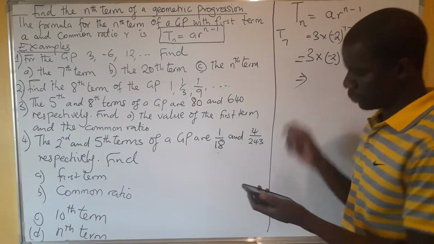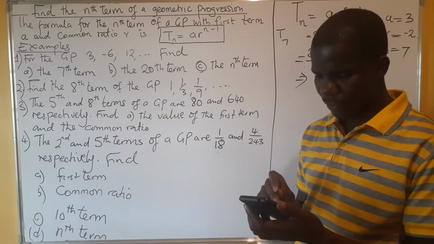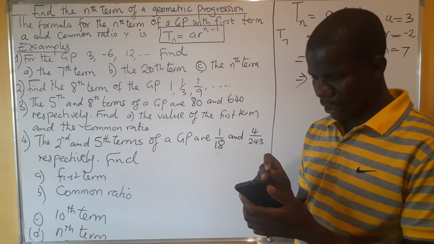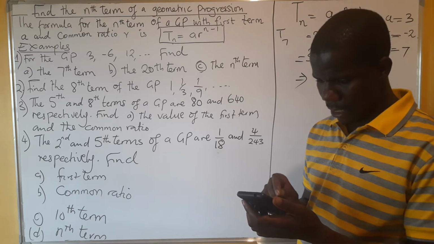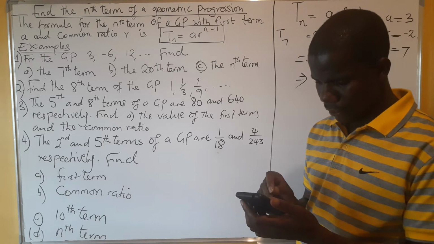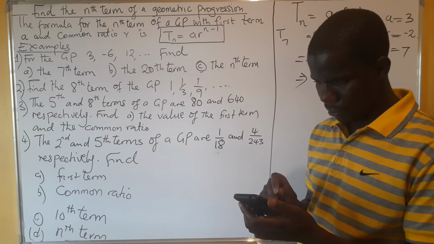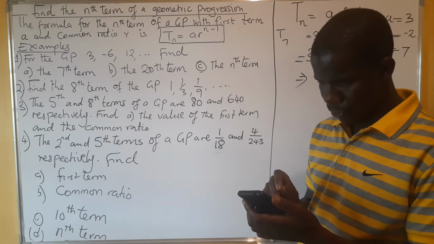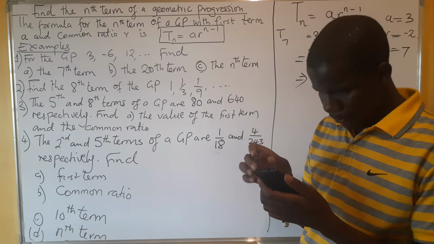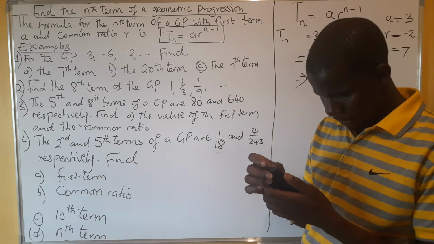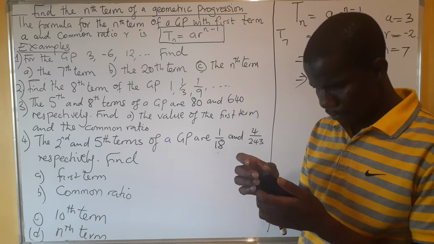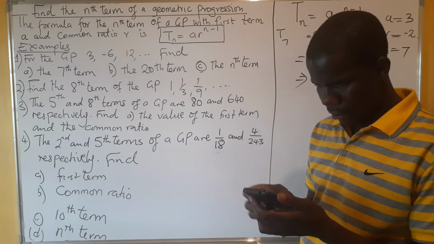So I'm going to deal with this one on my calculator and say 3 multiplied by, what do I have here? Negative 2, close, then up here we say 6.